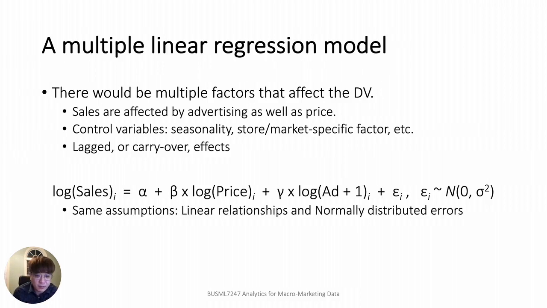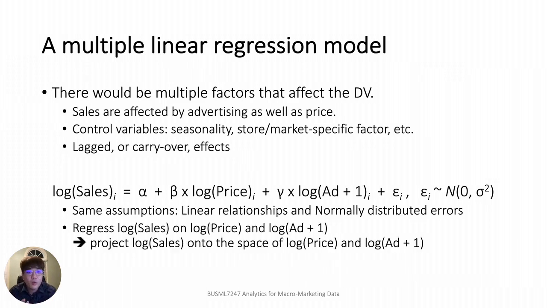This multiple regression model has the same assumptions. The relationships of the independent and dependent variables are linear, and the error is normally distributed. What we are doing here is to regress the log sales on the log price and the log ad plus 1.